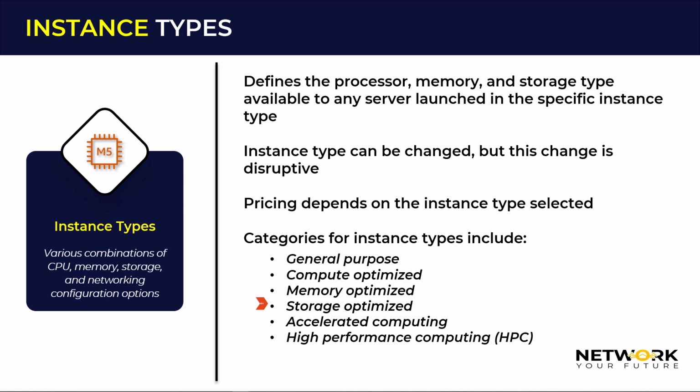Memory optimized instances run workloads that are memory intensive. Big data processing clusters often take advantage of storage optimized instance types, while graphic intensive applications such as those used to transcode 4K UHD resolutions typically take advantage of accelerated computing. Large complex simulations and deep learning workloads are ideal use cases for high performance computing.